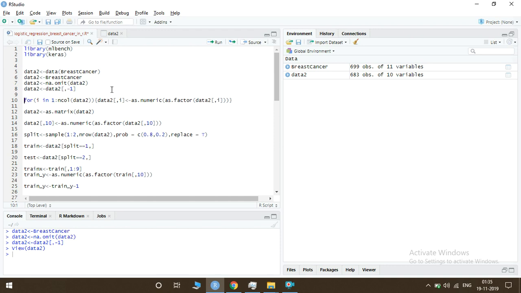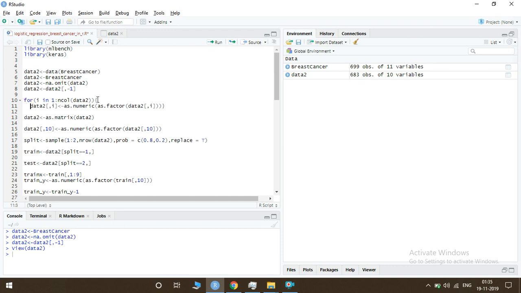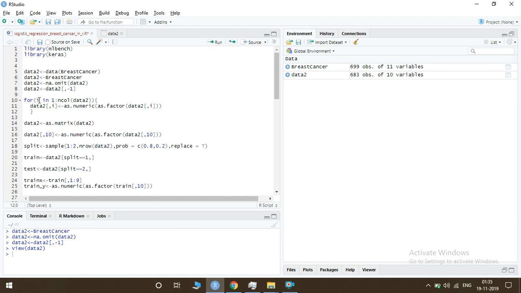For that, we would run a for loop, for i in 1 to ncol. ncol states the number of columns in your data frame. If we run this on data2, it would give us 10 columns. So this is the number of variables.